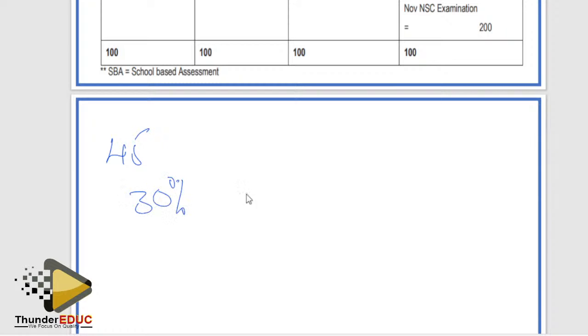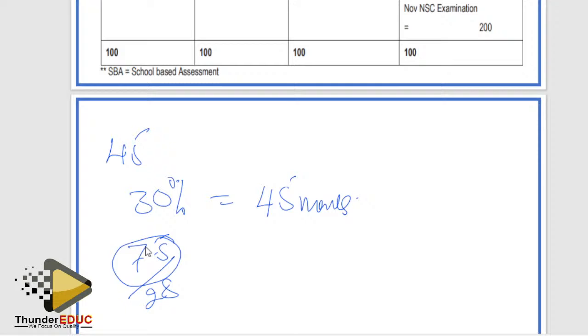This is equivalent to, if a paper is 150, it means that you need 45 marks to pass. However, now, if I have 30% divided by 100, answer times 25, it means that you need 7.5 out of 25 as your CAS mark.